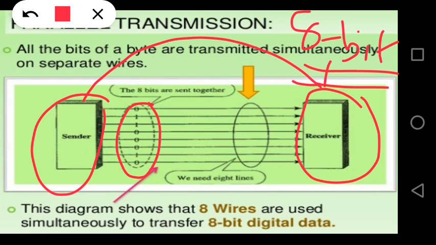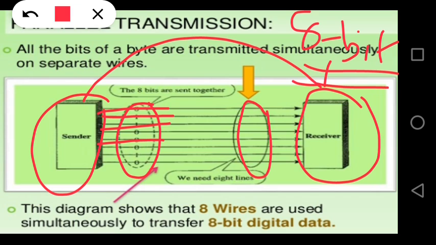Each wire carries 1 bit of information. So this is called parallel data transfer. This diagram shows that 8 wires are used simultaneously to transfer 8 bits of digital data.